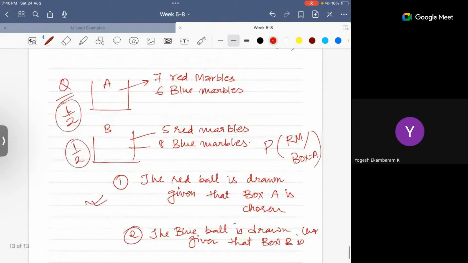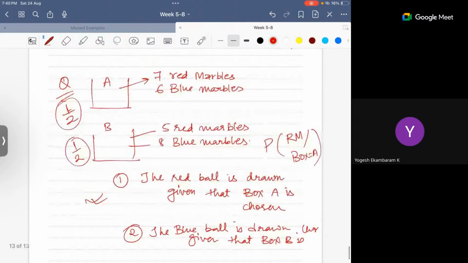You just think of what should be the value. What is the condition? First we calculate the probability of getting a red ball in A. If we just consider box A, the probability of getting a red ball is 7 upon 13. 7 upon 13, right?